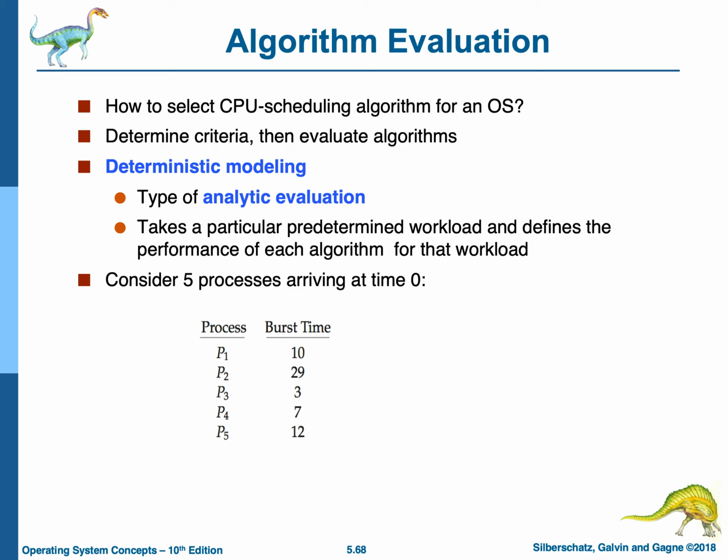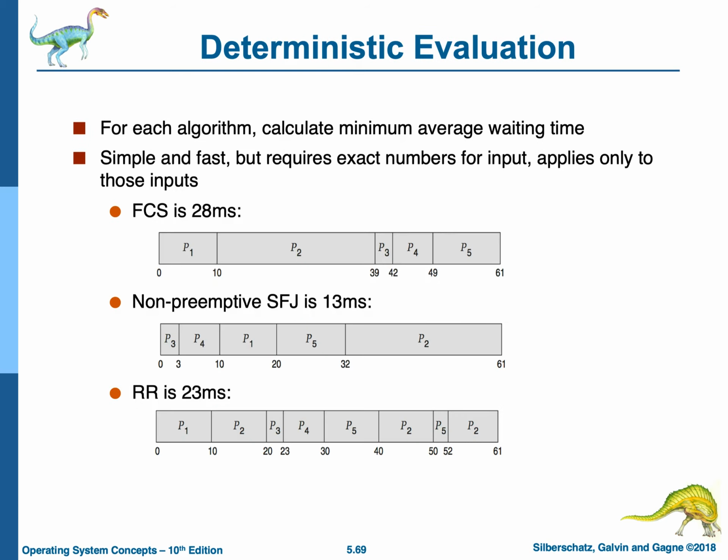So to evaluate your schemes in operating systems, we have different types of approaches. The deterministic approach is to determine, for example, if we have a job which is required to run, then how long it will take.